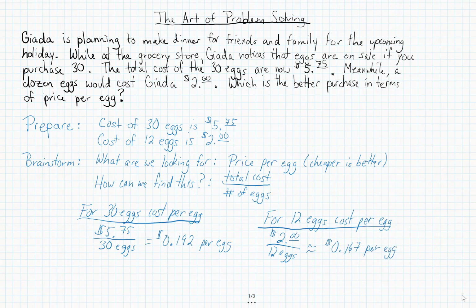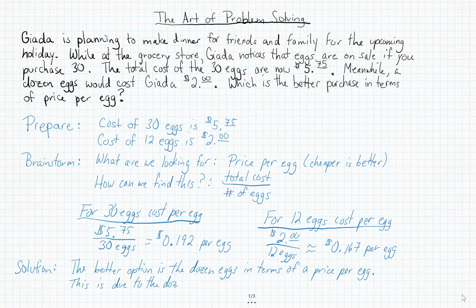So which one is the better purchase? The better option is the dozen eggs in terms of price per egg. The reason is it only costs us around 16 cents per egg versus the 30 eggs, which, even though they're on sale, are 19 cents per egg. This is one of the ways you can be tricked at a grocery store. You see more and think, oh, it's a better buy.